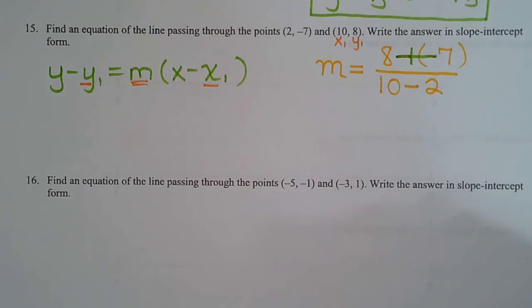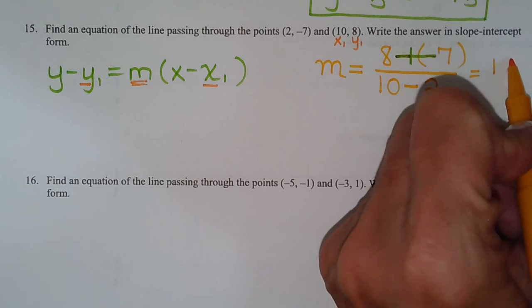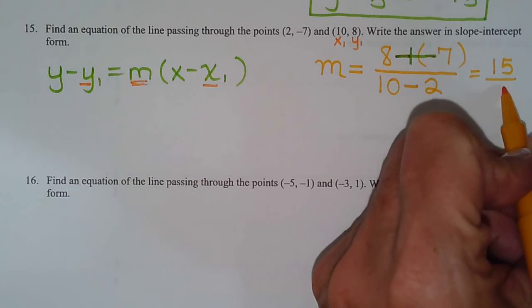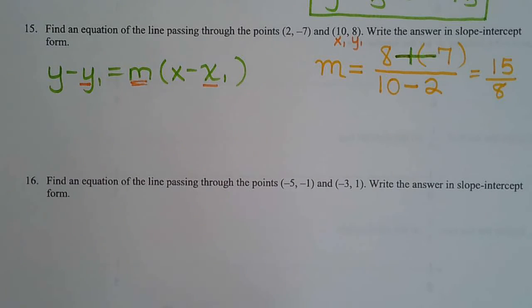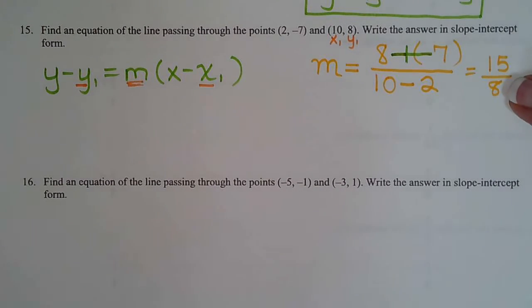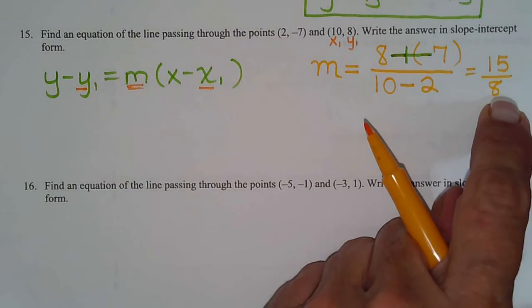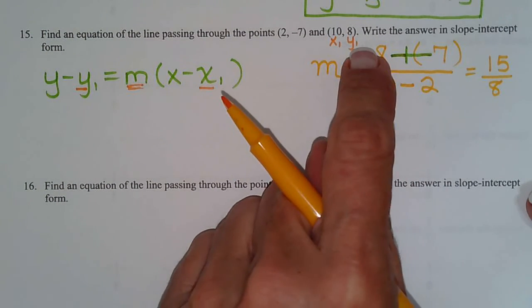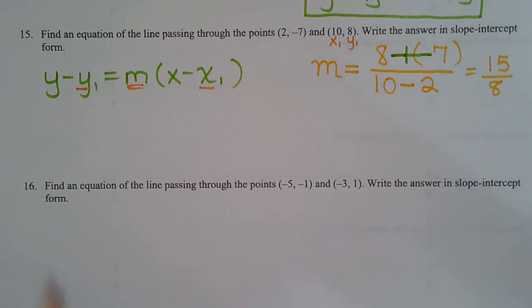So we get what? 15 over 8, it looks like. And no need to make that a mixed number. In fact, it would be wrong if you did, because remember, slope is rise over run. So it cannot be a mixed number. It needs to be a fraction. So now we have our m, we have our x1, we have our y1. So now we can plug in.